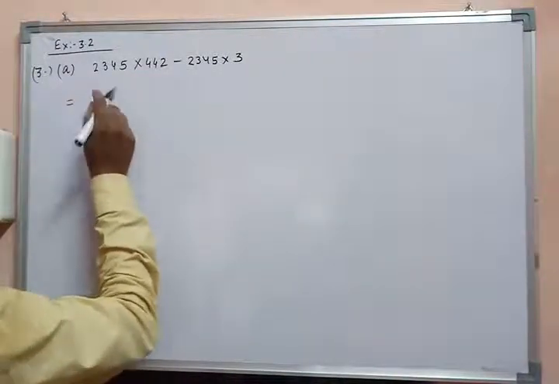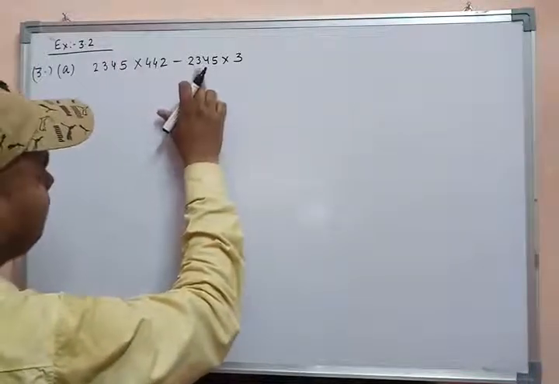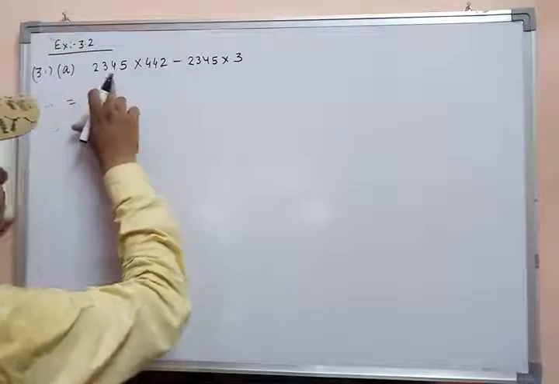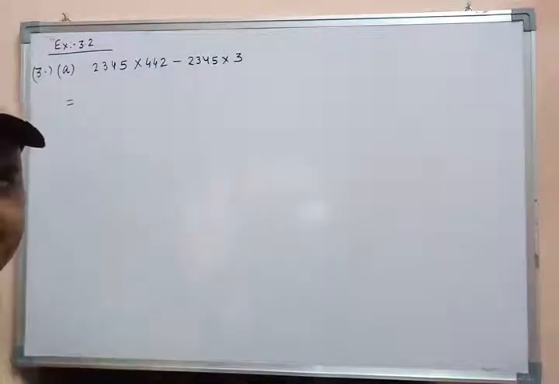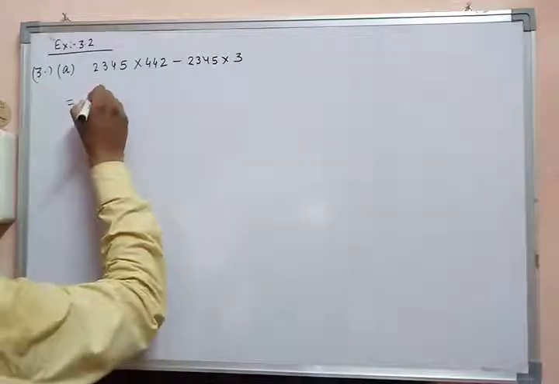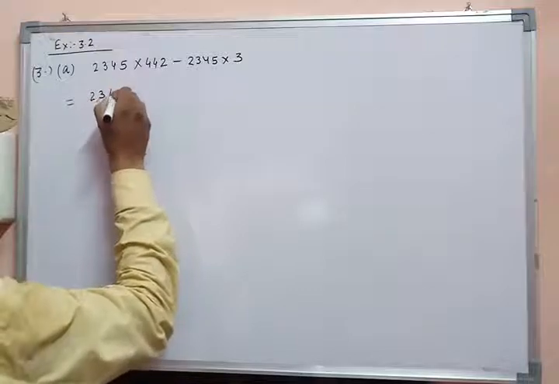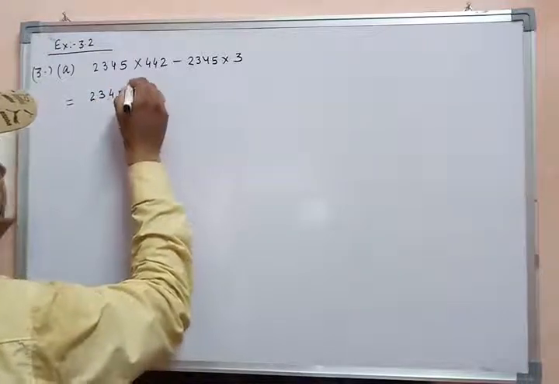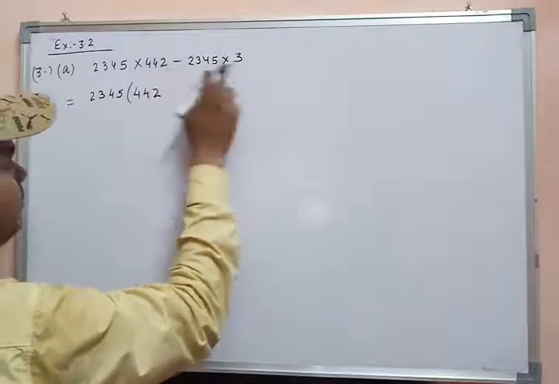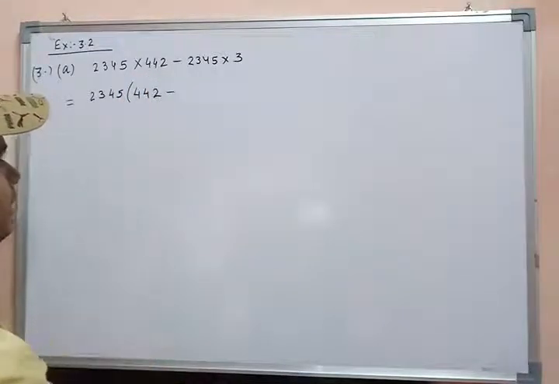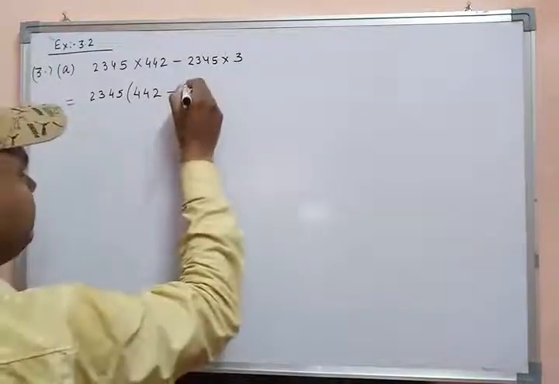Here this number 2345 is common, so we can take this number as a common factor and write 442 here, and then write minus, and after minus we can write 3.